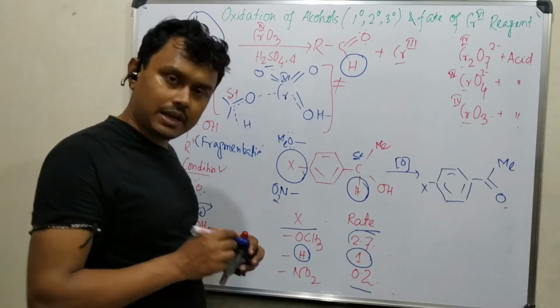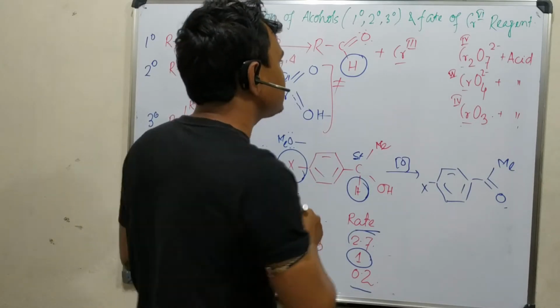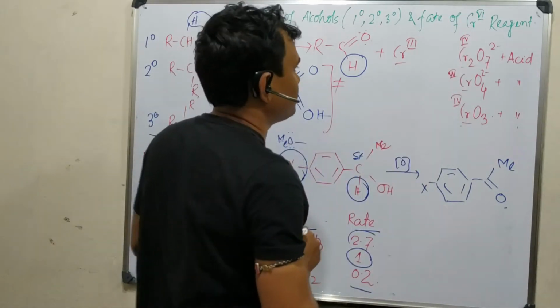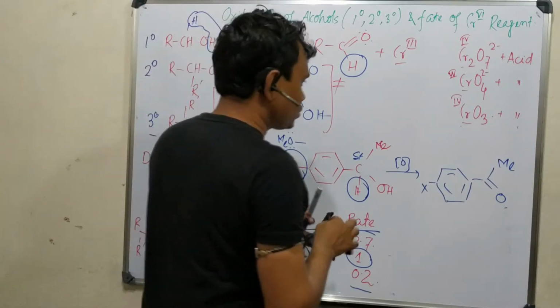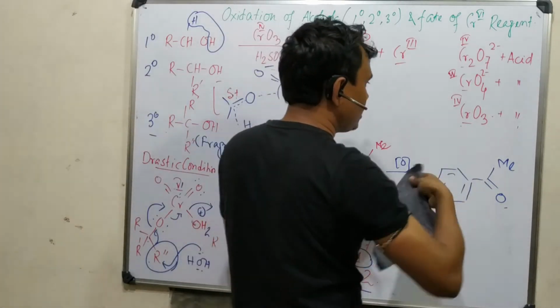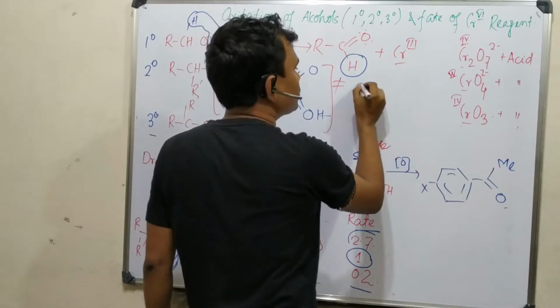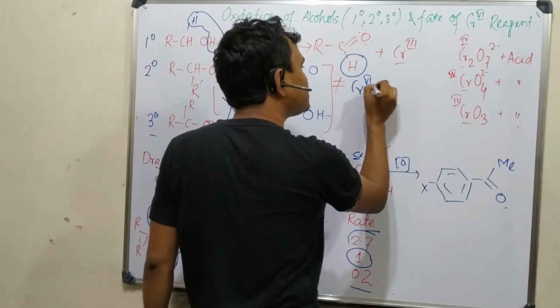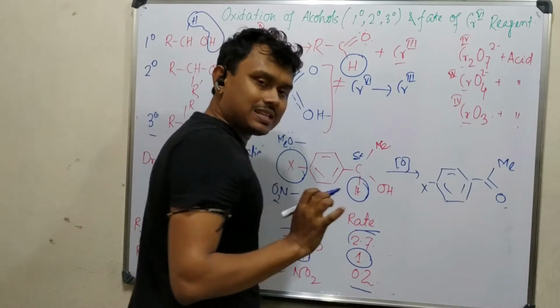So this factor suggests that this reaction follows through positive charge generation on this carbon. Okay, fine. And let's discuss the final part of this question, that is the fate of chromium. What happens? First, chromium 6 is reduced to chromium 3, and alcohol is oxidized. I am not writing that.